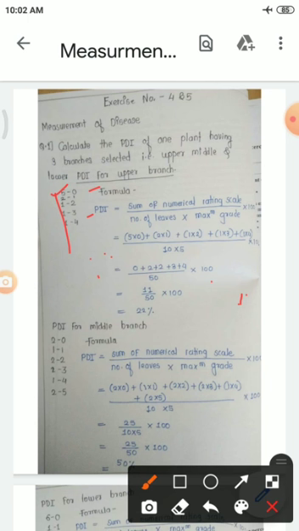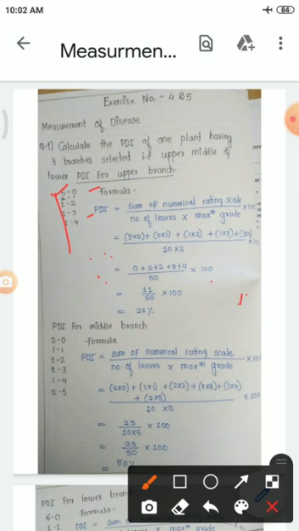So 0, 1, 2, 3, 4 indicate the percent of damage to the leaves. It is very simple: for the calculation we just have to write down the formula, PDI is equal to the sum of numerical rating scale divided by the number of leaves into maximum grade.